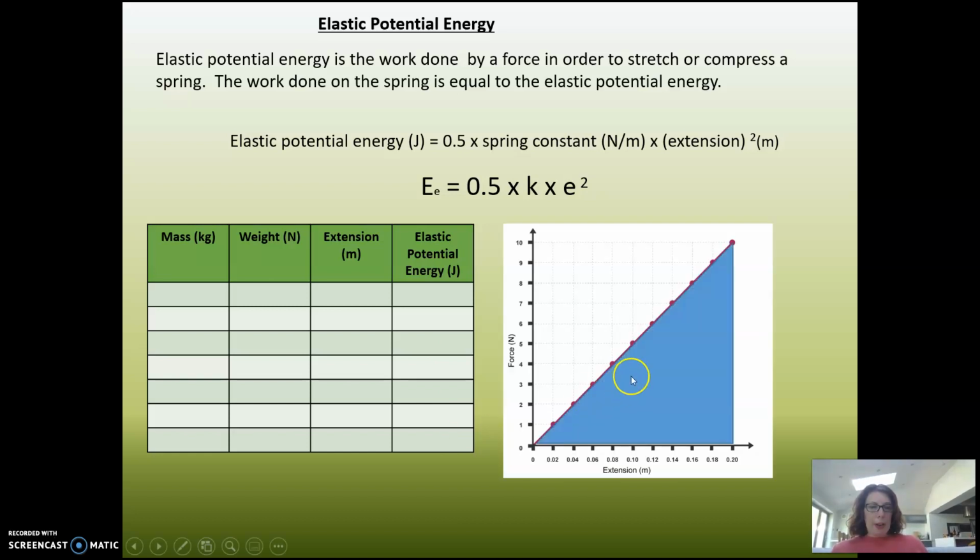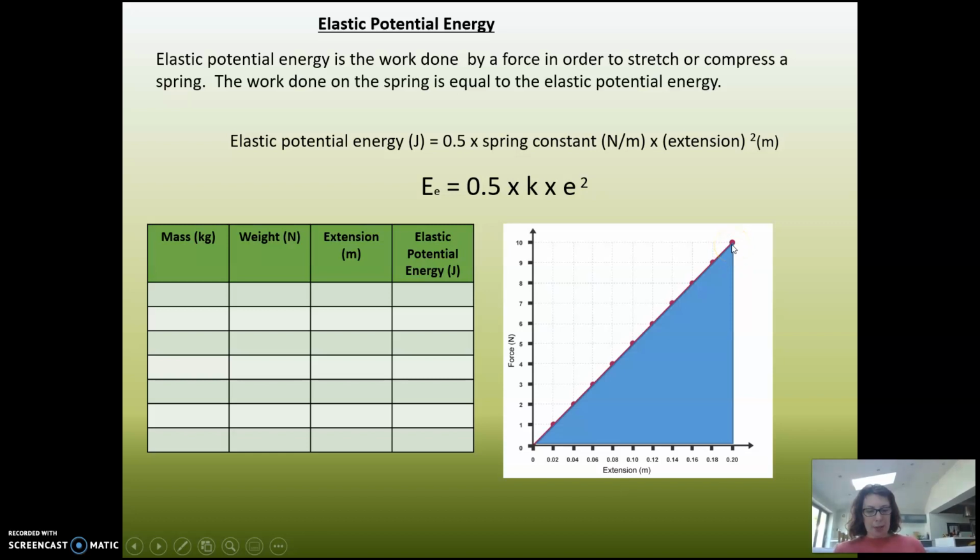You can also figure it out by doing the area under this graph. So if we have a look at this graph, we can see it's a triangle. So the area of a triangle is half times the base times the height. So let's do that. 0.5 in my calculator times the base, which goes from 0 to 0.2, so 0.5 times 0.2, times the height, and the height is 10.